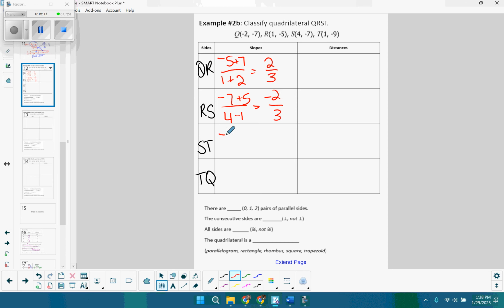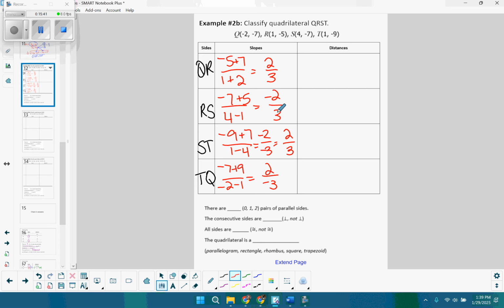We're going to have -9 minus -7 and 1 minus 4. -2 over -3 is 2/3. And for TQ, we have -7 minus -9. -2 minus 1 is 2 over -3. So looking at the first and the third, they're both positive 2/3.